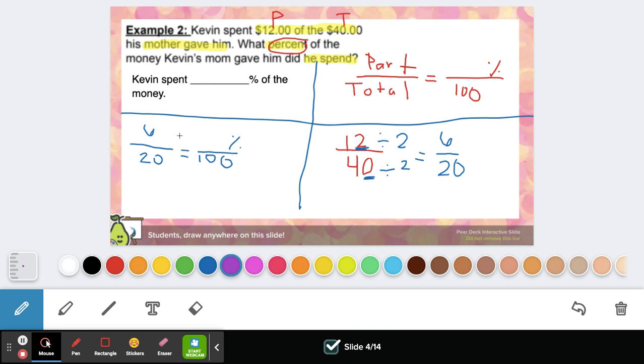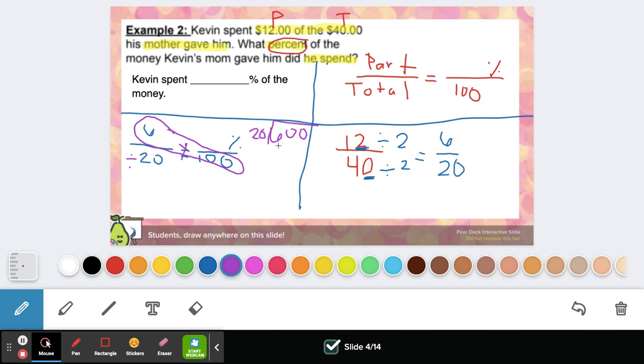In this case, it's the 6 and the 100. So I multiply these two and I get 600. Then right here, 600, and I need to divide by 20.